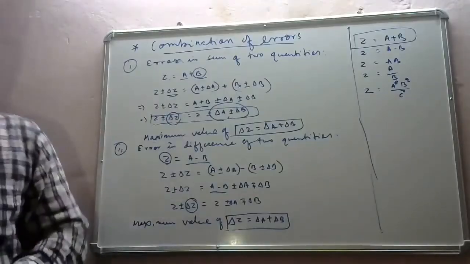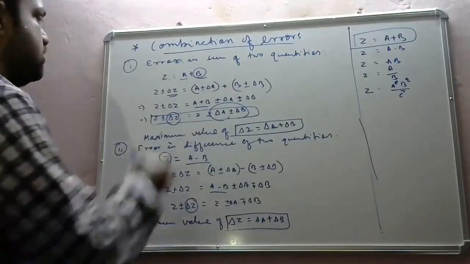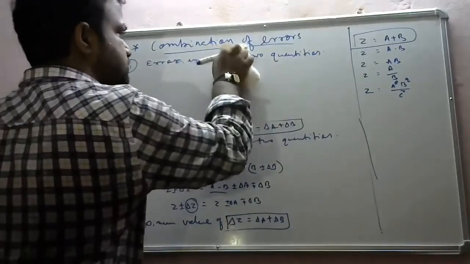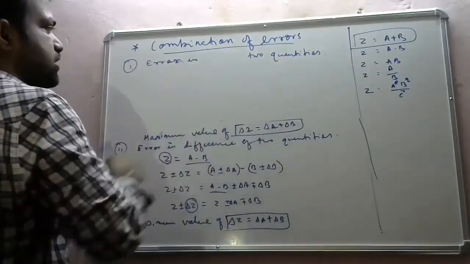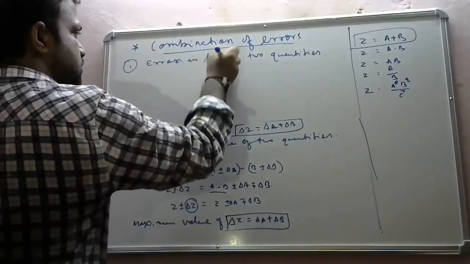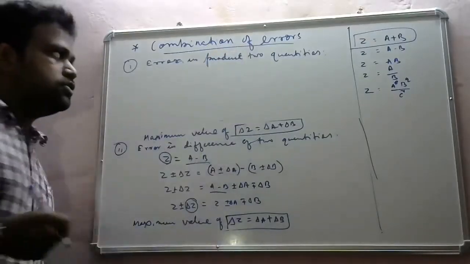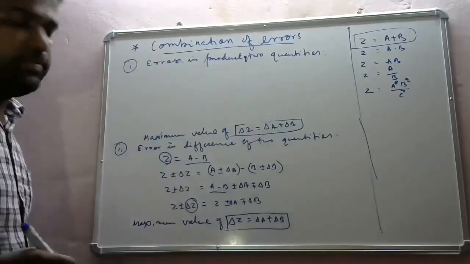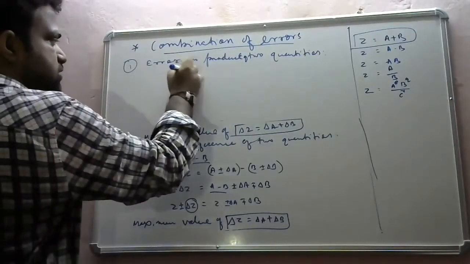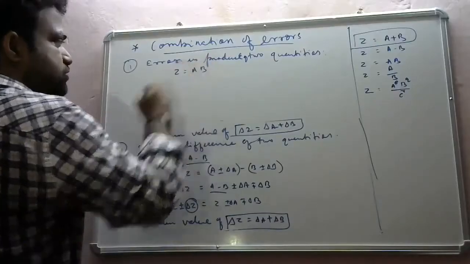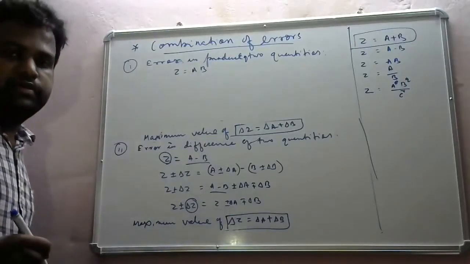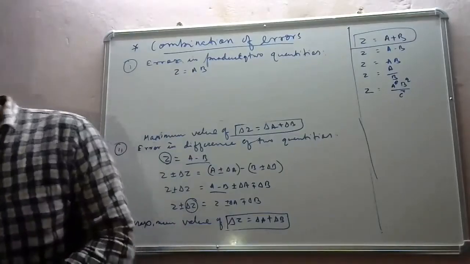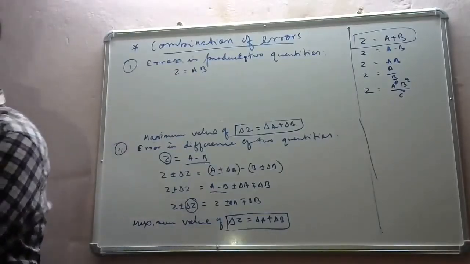Let's go for the errors in the product of two quantities. Okay? So product means your result will be A into B. Result Z is equal to the multiplication of two individual quantities.